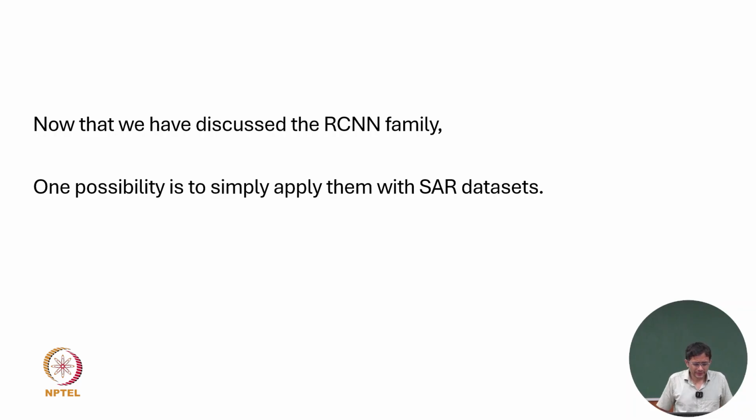However, maybe we are more interested to discuss some modifications that probably help us enhance performance, or some modifications which exploit the dataset characteristics of Earth observation, or more specifically, in the context of this week, of SAR images.